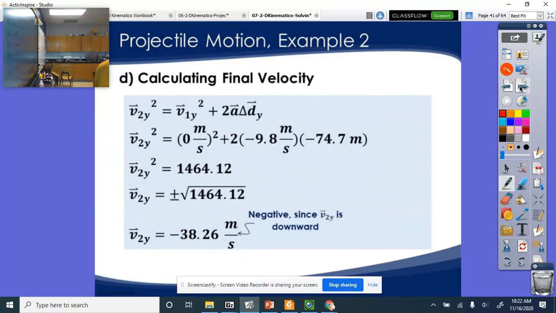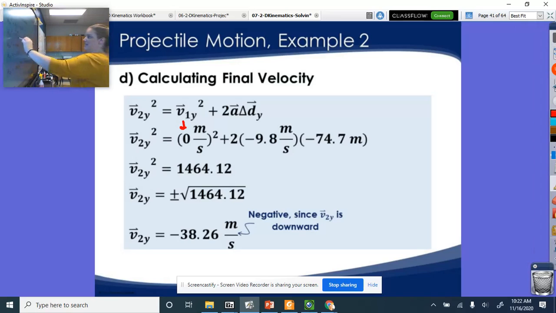In the y, I know my starting velocity is 0, so I can cancel out this whole first set. That goes to 0. Then I have my acceleration and the displacement that I'm falling in the y.